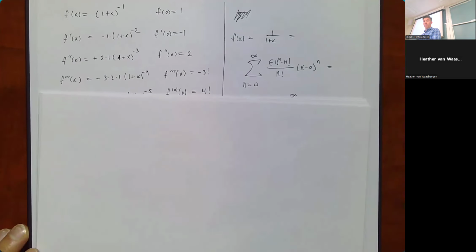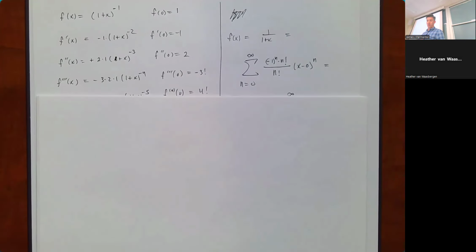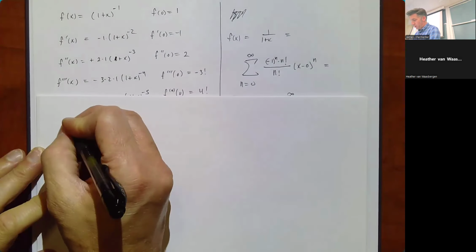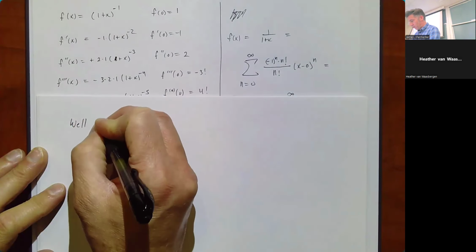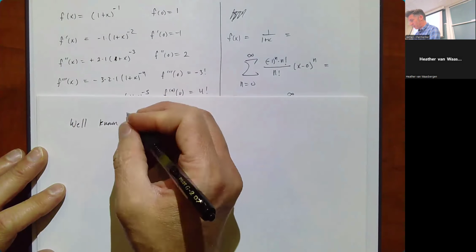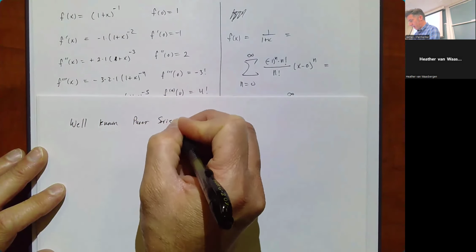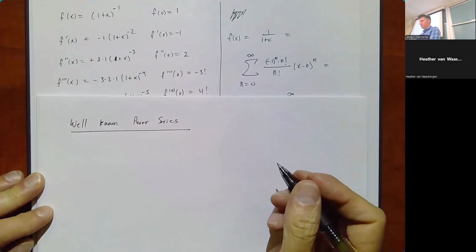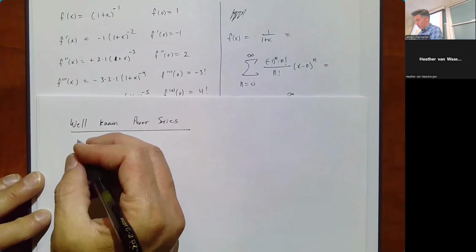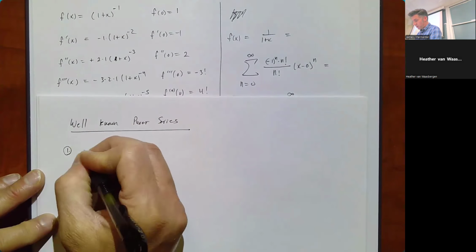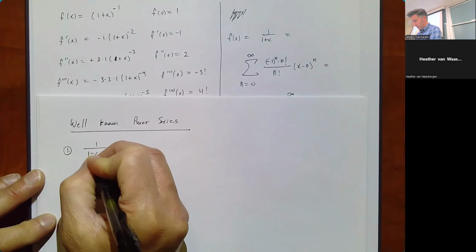Here are some well-known power series. We're going to add maybe 2 or 3 more to this list. So keep in mind our list of well-known power series. Most of these are centered at 0. The first we know so far is 1 over 1 minus x.